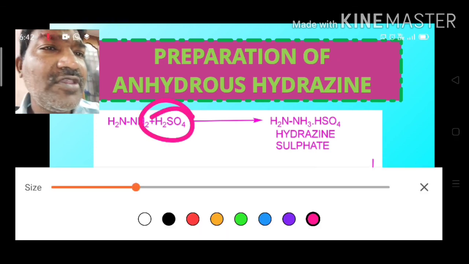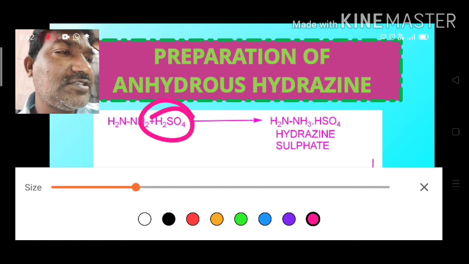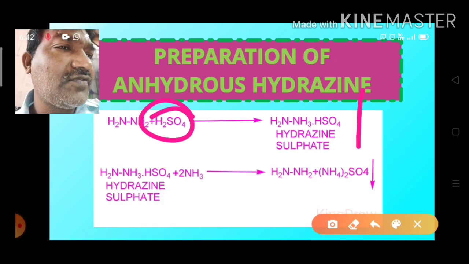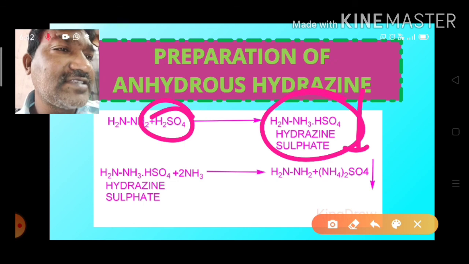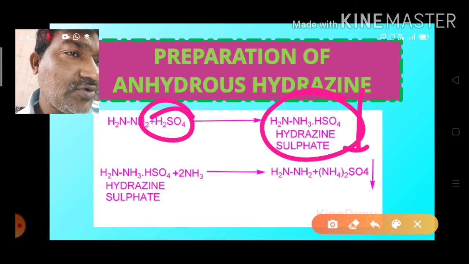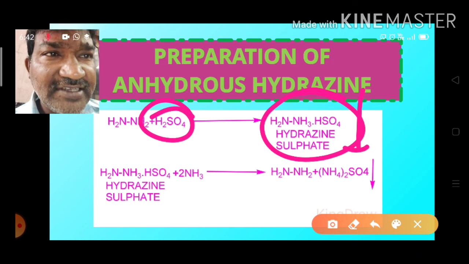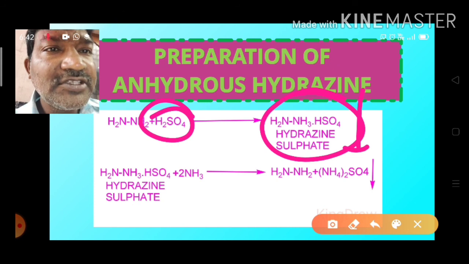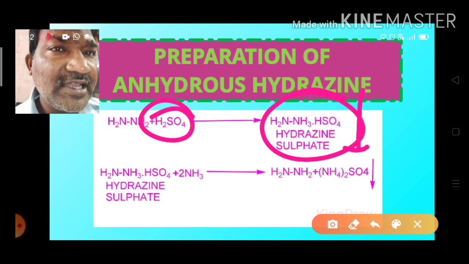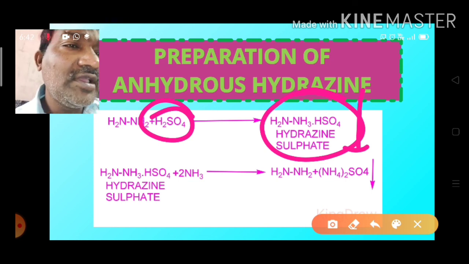As a result, hydrazine will be precipitated in the form of hydrazine sulfate. We have already studied that hydrazine shows basic character, and it reacts with sulfuric acid and forms a precipitate, hydrazine sulfate.